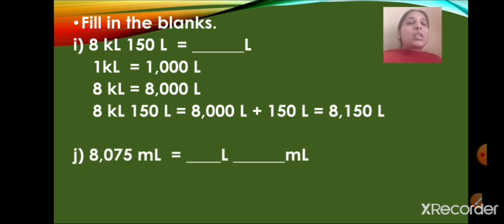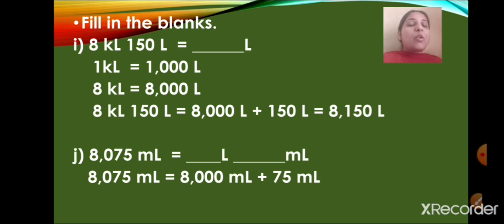Now 8075 milliliter is equal to, the quantity here you have to find in liter and milliliter. So first we will write the expanded form of 8075 milliliter, which can be written here as 8000 milliliter plus 75 milliliter.